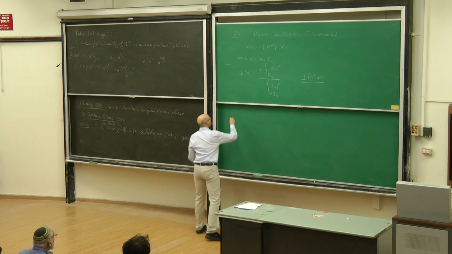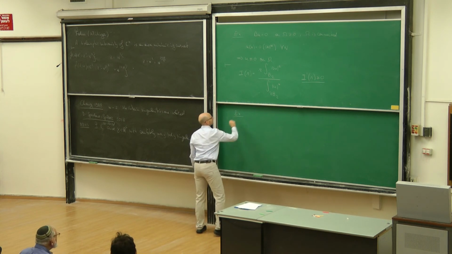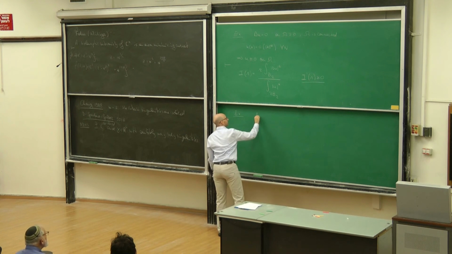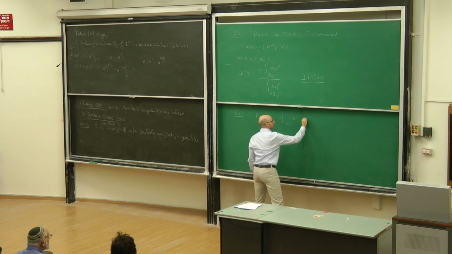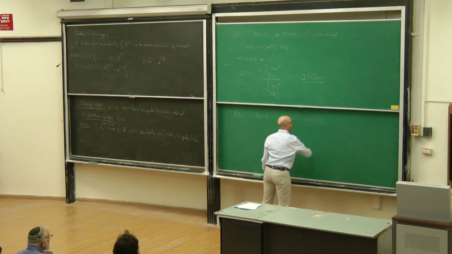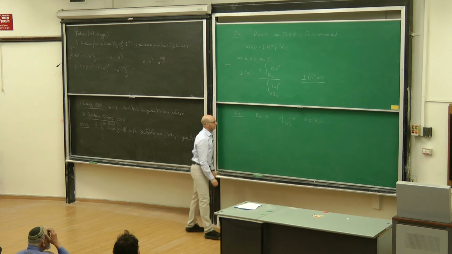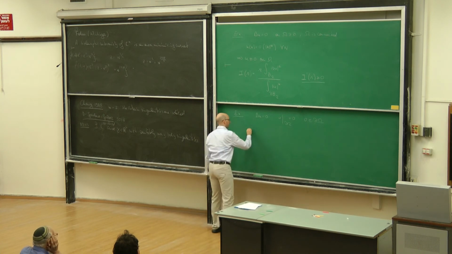So say that I give you the same thing at the boundary. And now I give you that 0 belongs to the boundary, and the function vanishes at infinite order at that point.